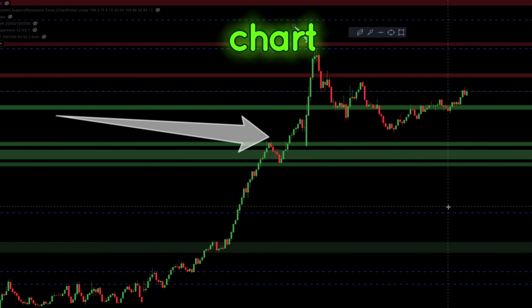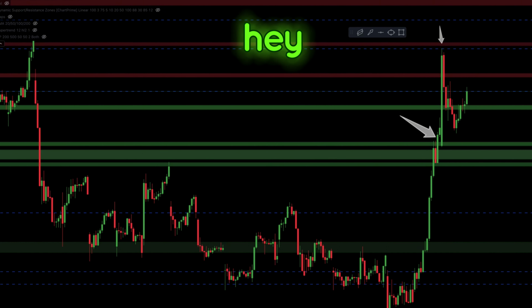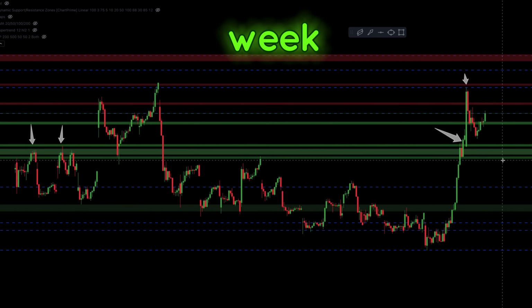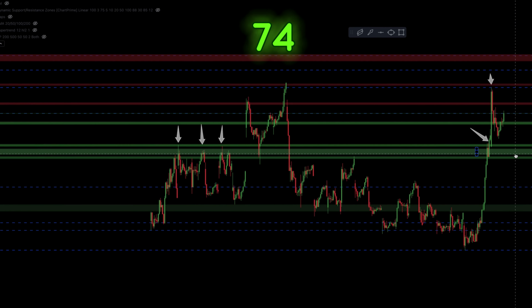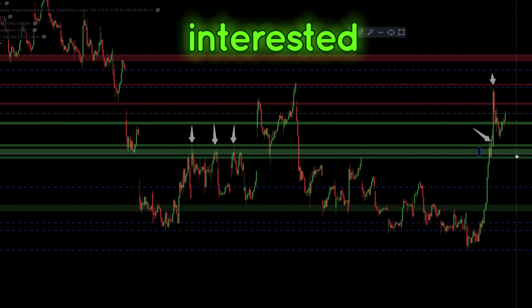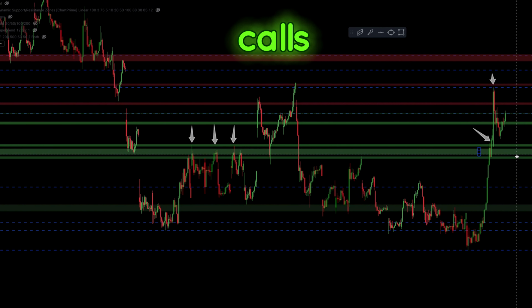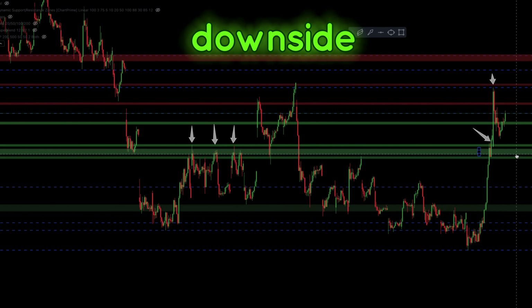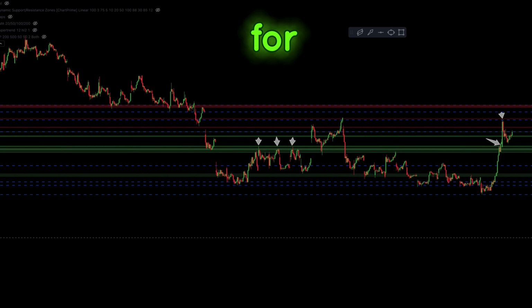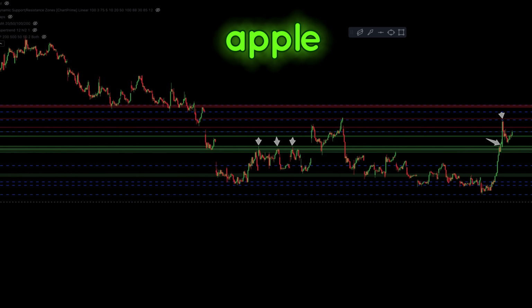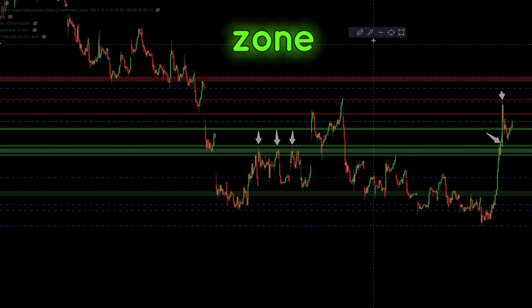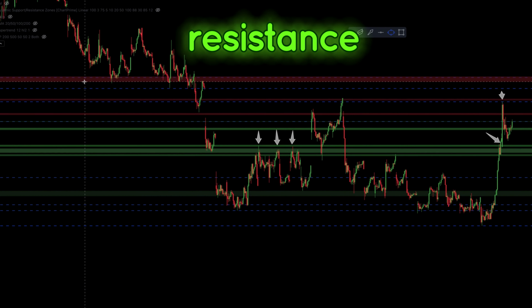So when I read this chart, what I am looking at is, if this week Apple can retrace back down to this 173, 174 zone, this is where I am interested in buying calls. I'm not looking at any downside. This looks very bullish for the short term. So I am looking at this zone right here for Apple. And this 180 zone is more of a resistance level for now.